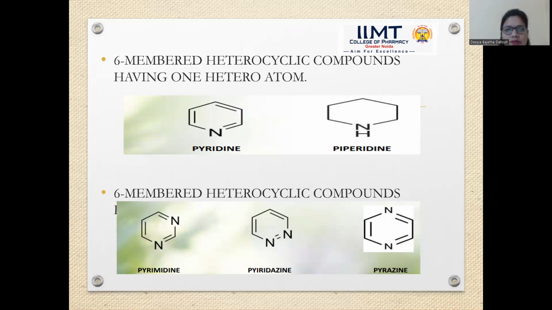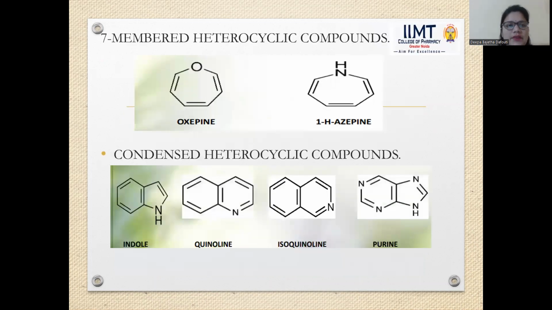Next category is 6-membered heterocyclic compounds having two heteroatoms present in the ring. For example, pyrimidine, pyridazine, and pyrazine. There are some examples in which two heteroatoms are present in the 6-membered ring. There are a few examples of 7-membered heterocyclic compounds, oxepine and 1H-azepine. This ring is a 7-membered heterocyclic compound.